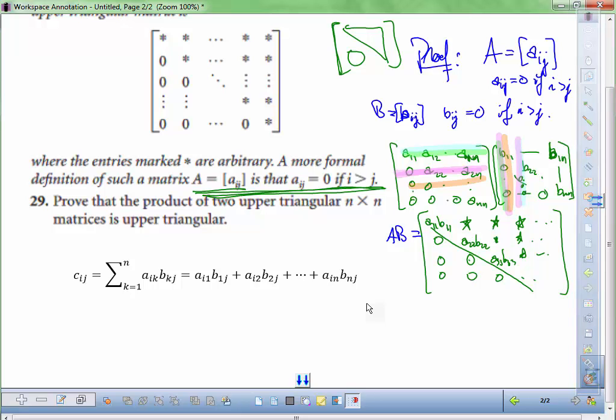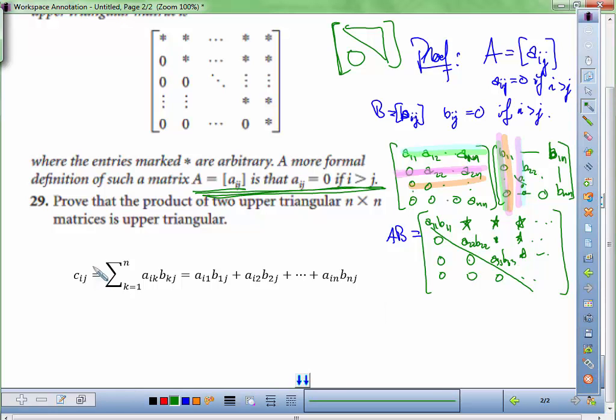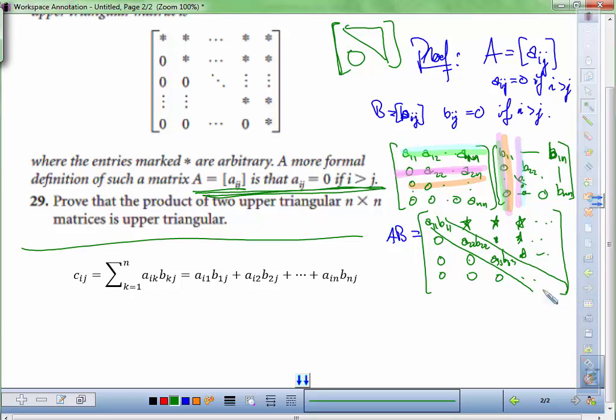It's a little bit messy, but let's see if we can work this out. I think one of the easiest things to begin with is to start with the diagonal and see how this would look when we look at C_ii. According to the C_ii matrix that we have here, it should look like this, right? So let's see how this is going to work.